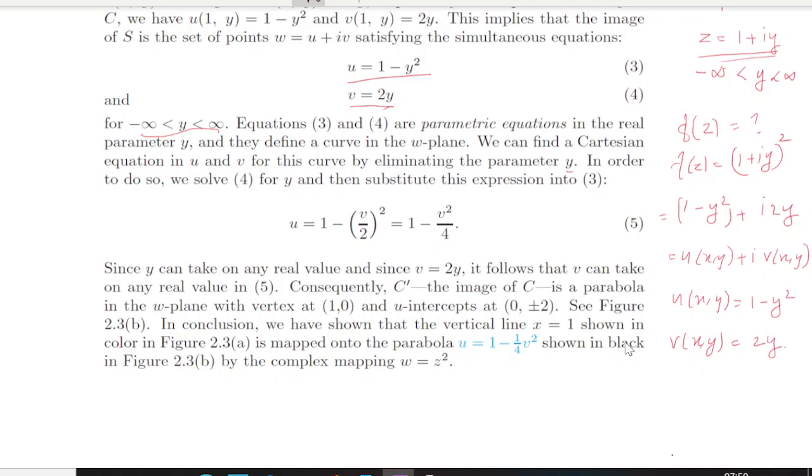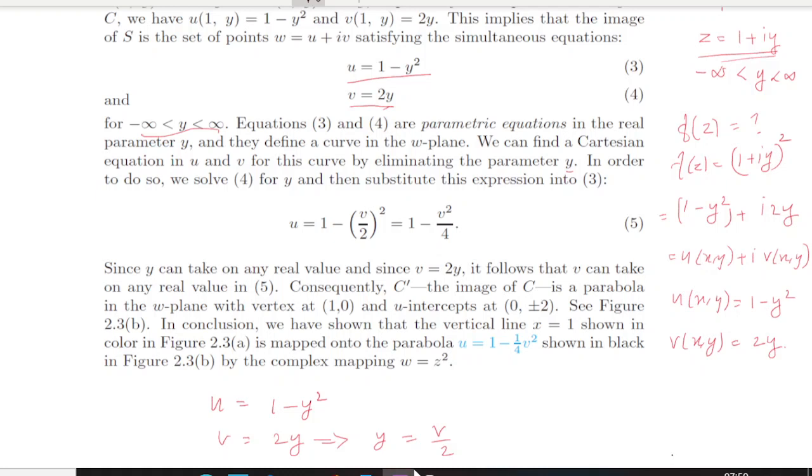We can find the Cartesian equation in u and v for this curve by eliminating the parameter y. We have two equations: u equal to 1 minus y square and v equal to 2y. From this, y equal to v by 2.